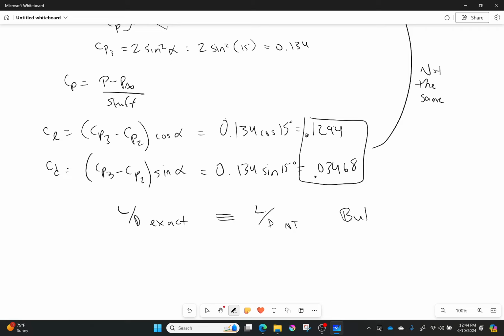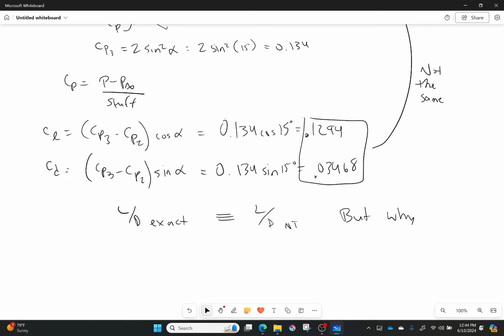But why? Why, when my coefficient of lift and my coefficient of drag are off, is my lift over drag, that ratio, exactly equal at whatever angle of attack we choose?